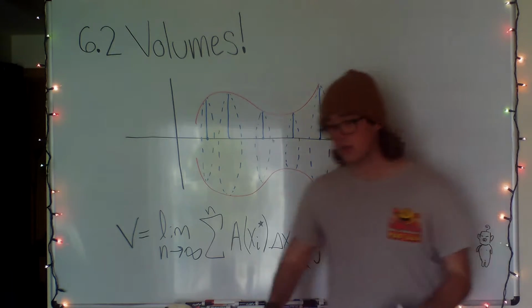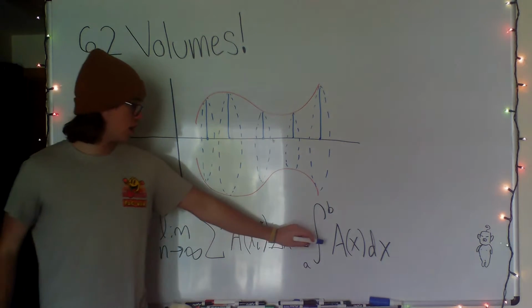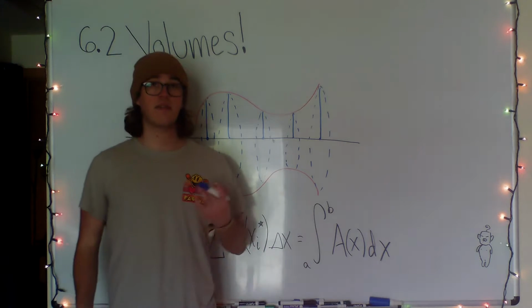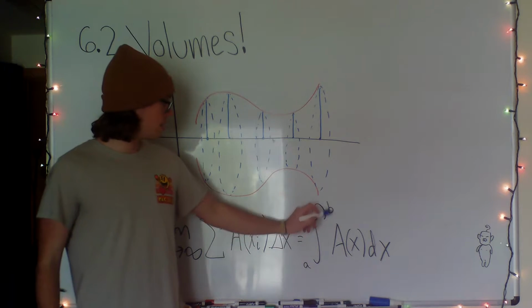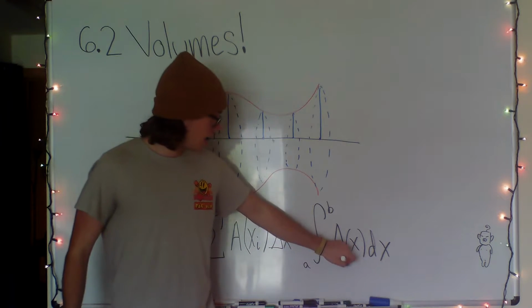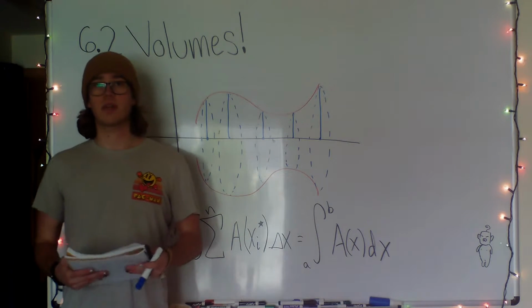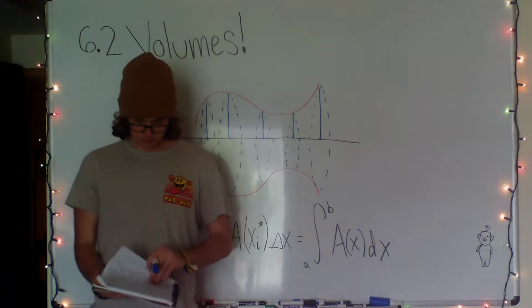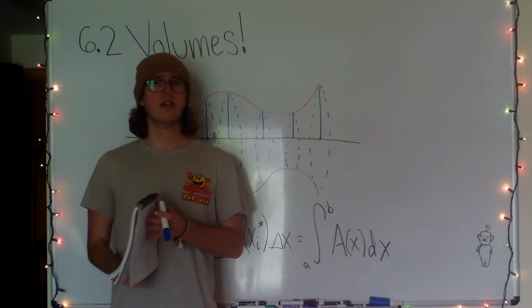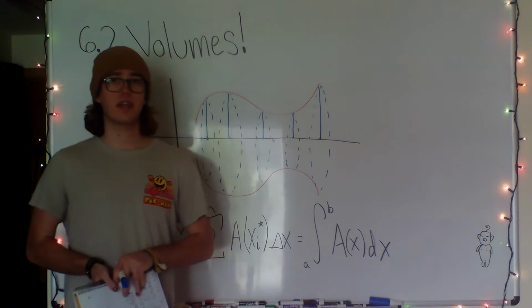which, well, we know that's just the definition of an integral, but this is going to be the definition of an integral based on area, so we're going to be calculating about the area. And so, what is it that we're actually trying to do here?